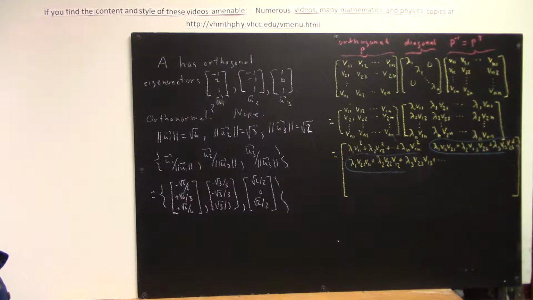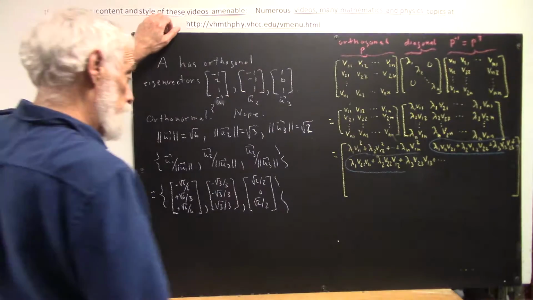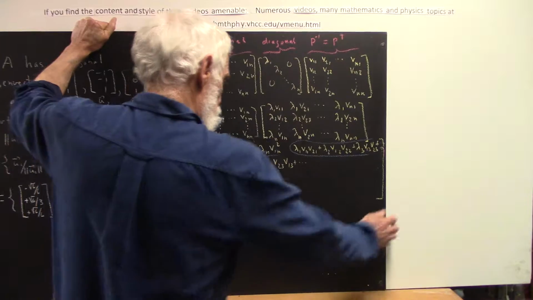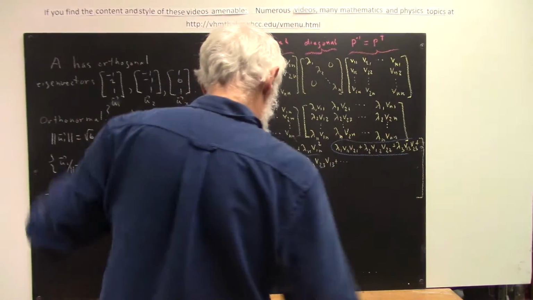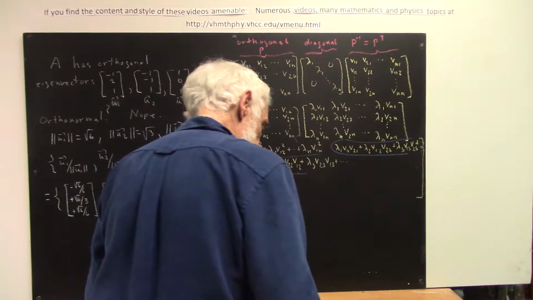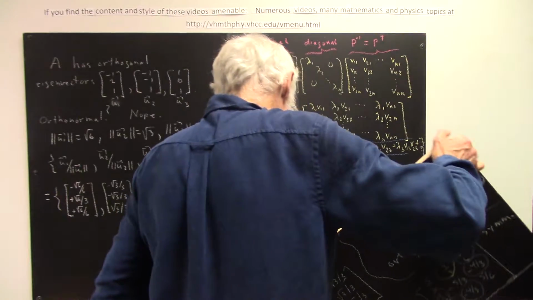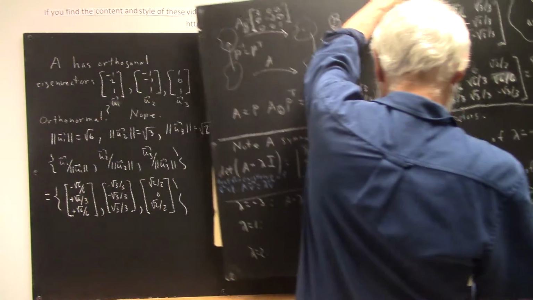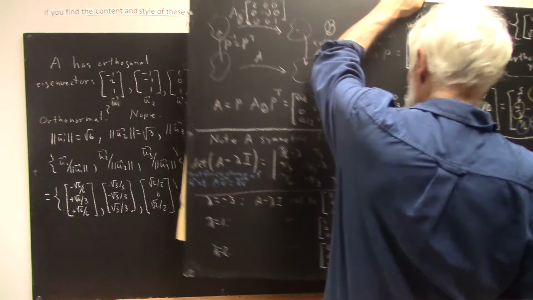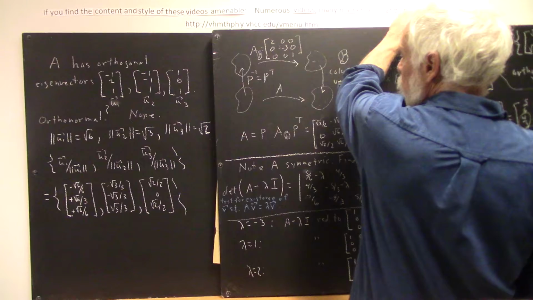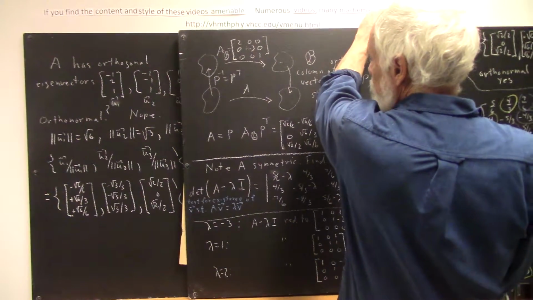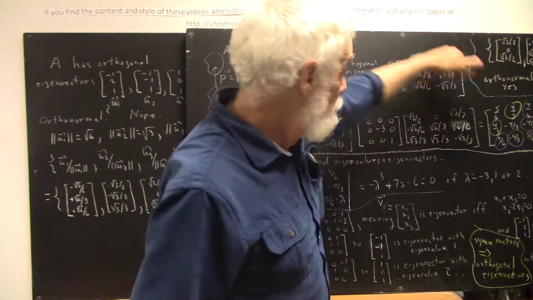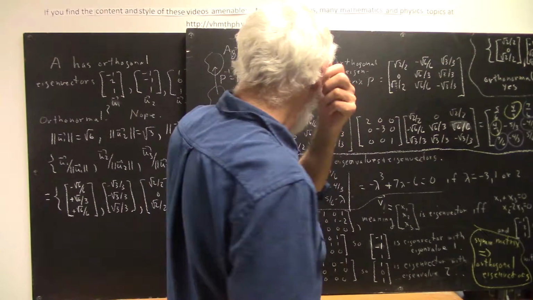Now the question is, have we come full circle? Remember that we started with an orthonormal set. Let's come back here. Oh man, I gotta do something about that cord. We started with an orthonormal set, and you probably can't see the extreme there, but it's the set of vectors in this matrix.